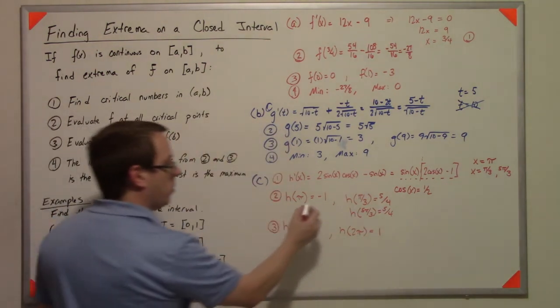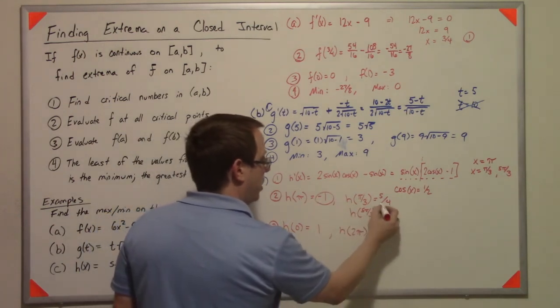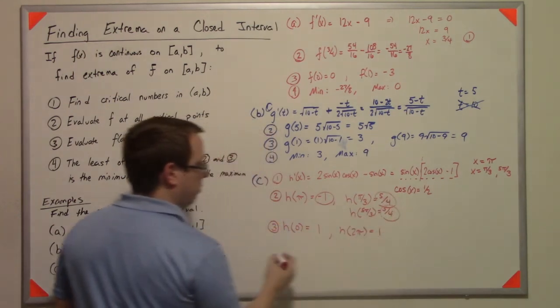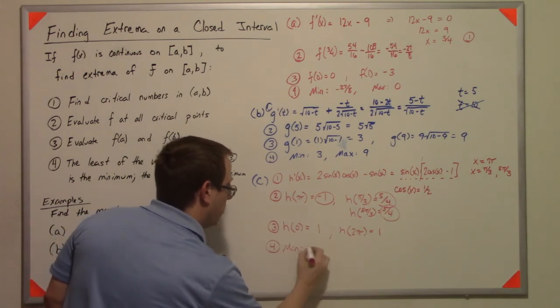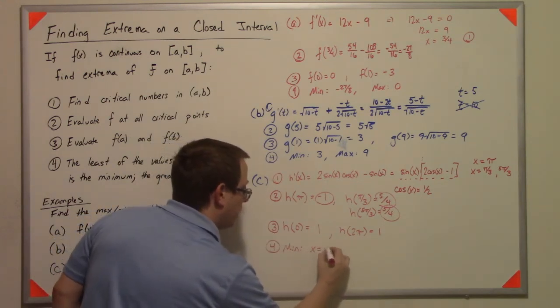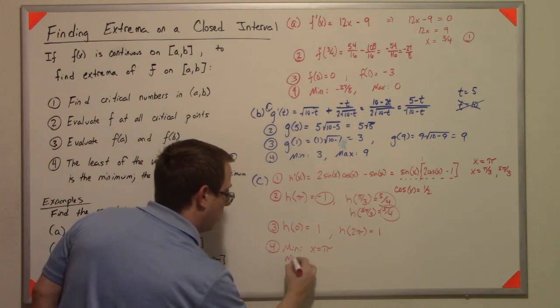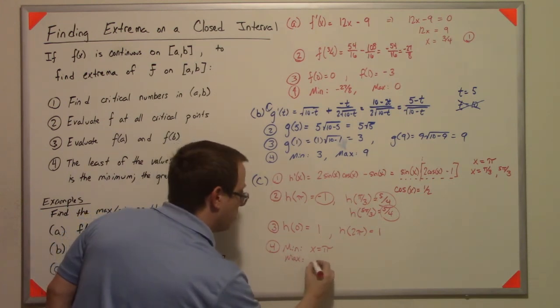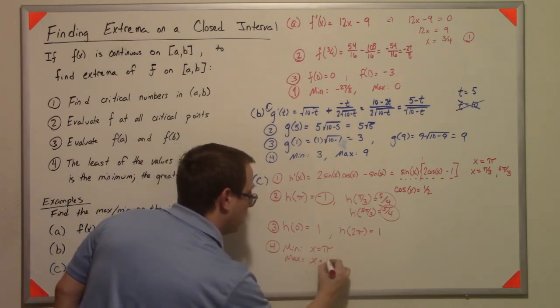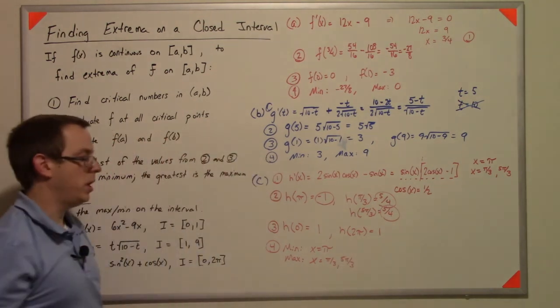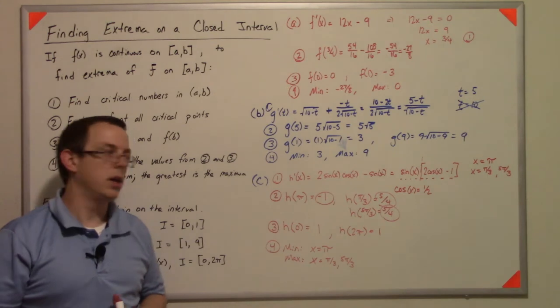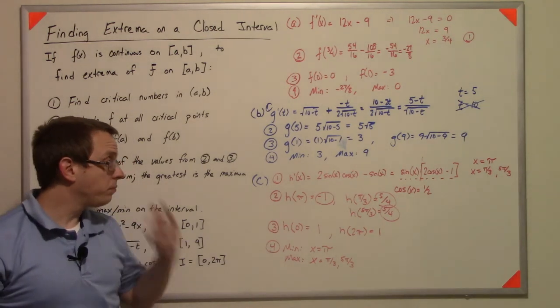So our minimum is here, and our maxima are there. So you have a minimum at x equals pi, and you have two maxima, pi over 3 and 5 pi over 3.